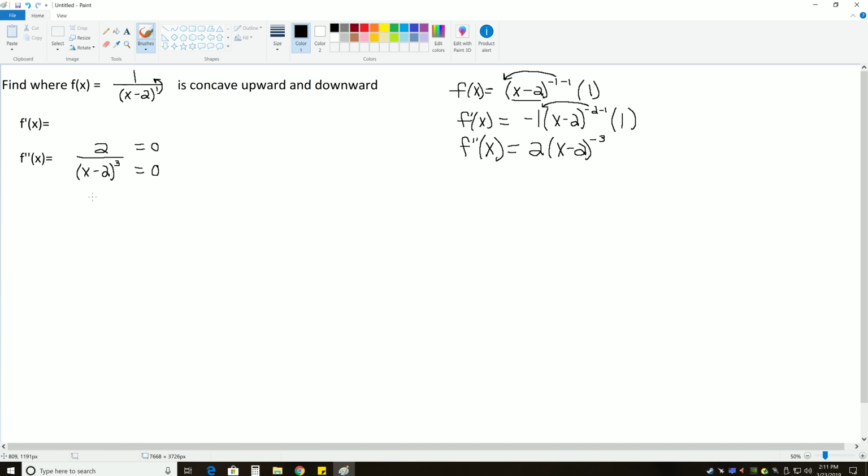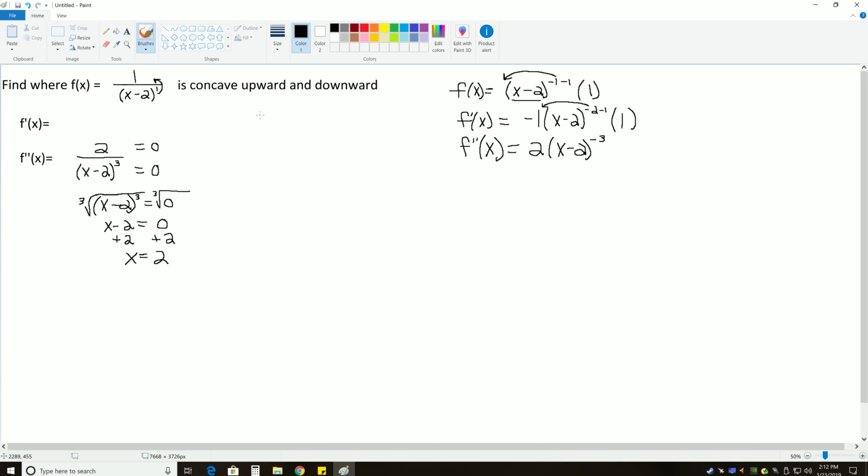But the bottom, x minus 2 to the third power equals 0, that can equal 0. And the way that we would find that is just by taking the cube root of each side to get x minus 2 is equal to just 0 again. And if we add 2 to each side, we'll get our x by itself, which gives us x equals 2, and that is our partition number of the second derivative.